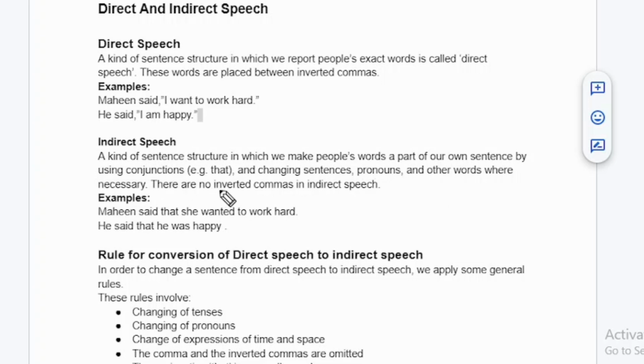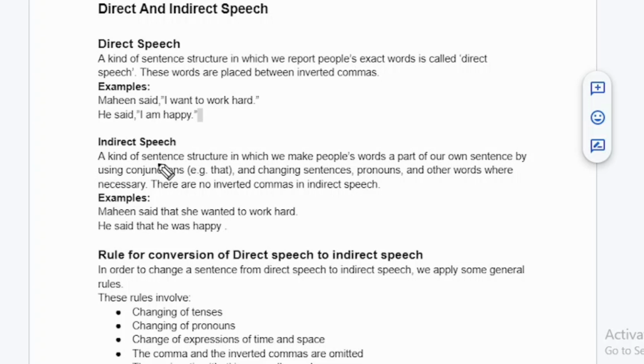There are no inverted commas in indirect speech. Indirect speech are the sentences in which we describe something about someone's statement.